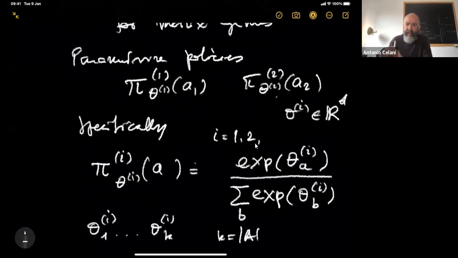So in our situation, there will be just two parameters per agent, because there are two actions.